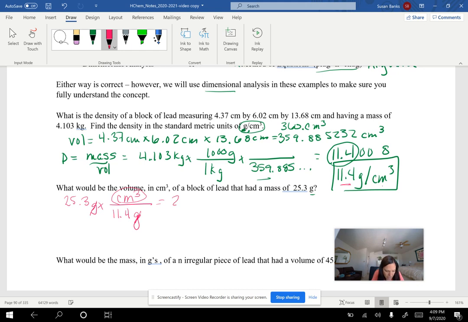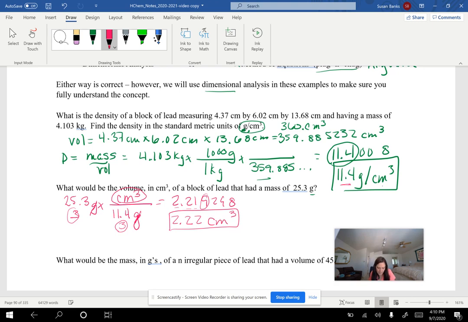And we get 2.219298, and so on. How many digits can I really report? I've got 3 digits here, and I've got 3 digits here. So I can do 3. So 1, 2, 3. That 9 tells me to round up. So this is going to be 2.22 centimeters cubed.